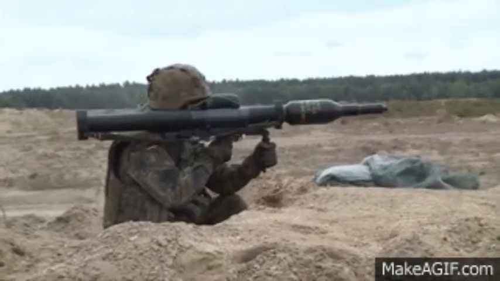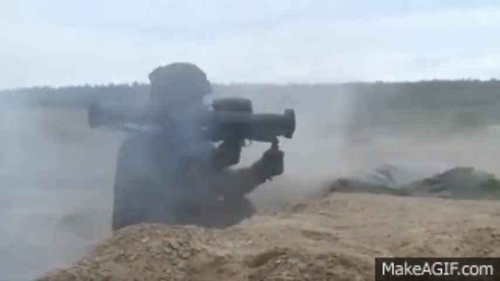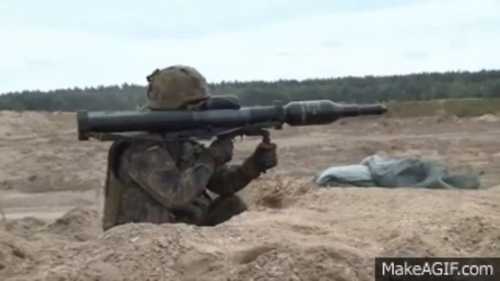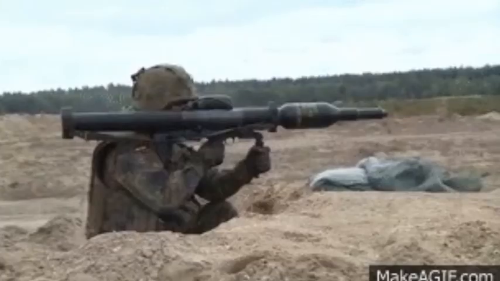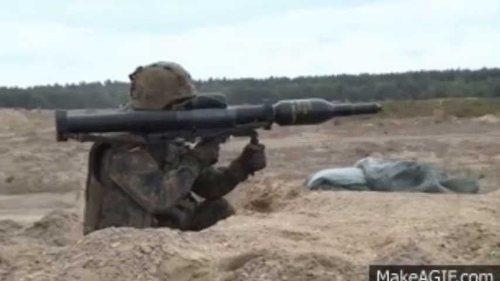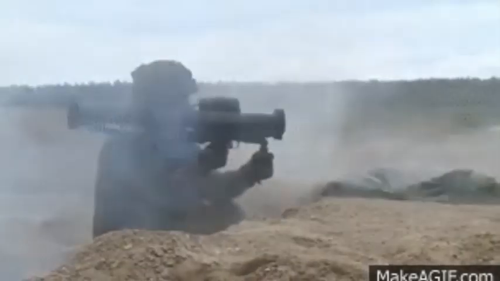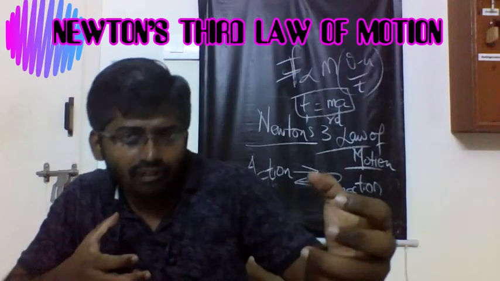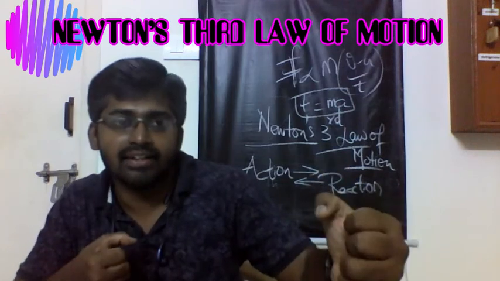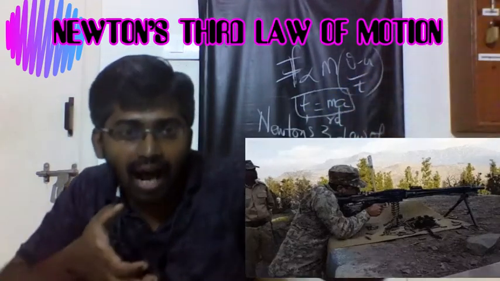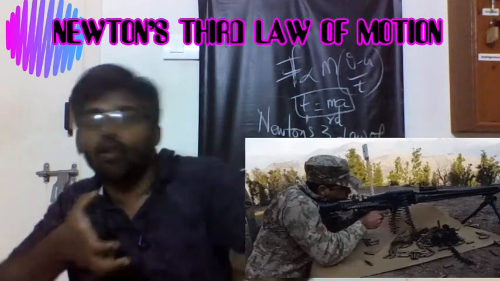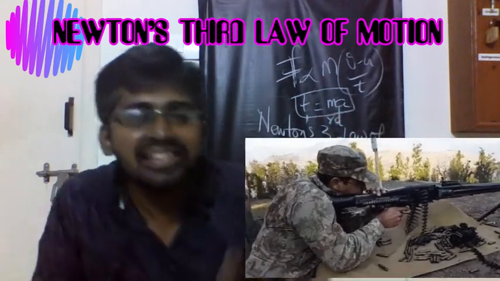When I trigger the gun, for example, if you see the big guns like AK-47 and other guns, it weighs too much. When they trigger the gun, the bullet goes on one side, and at the same time the gun recoils backward. Why does it happen?